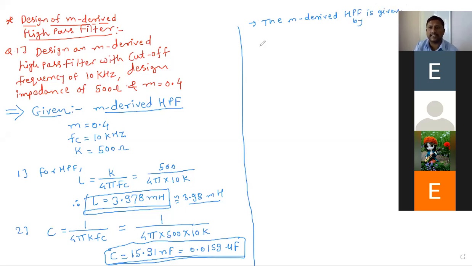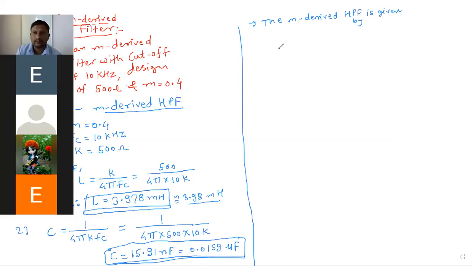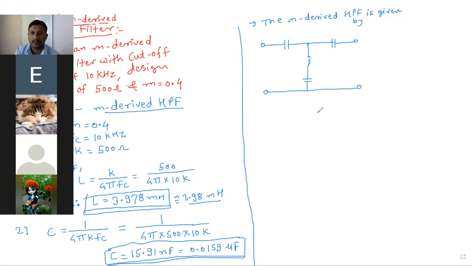So you can draw the T section and pi section. T section I will draw. Capacitor is there. So in the shunt arm, inductor and capacitor. So this is the T section.